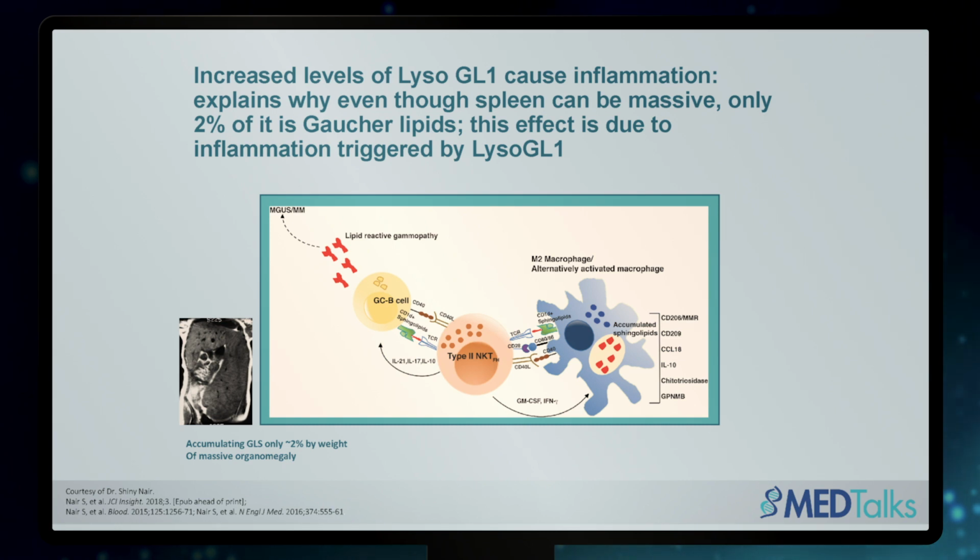And so we went on to try and understand what this Lyso-Gyl1 does to the body. And we learned that Lyso-GB1 or Lyso-Gyl1 is actually an antigen. What do we mean by an antigen? Imagine how you feel when you have a flu infection.